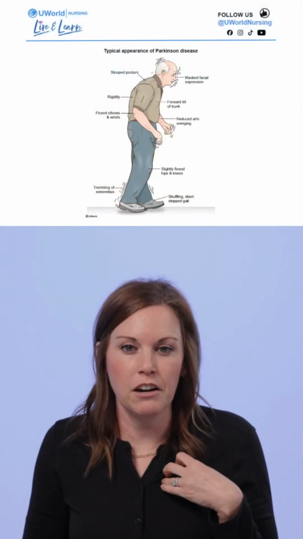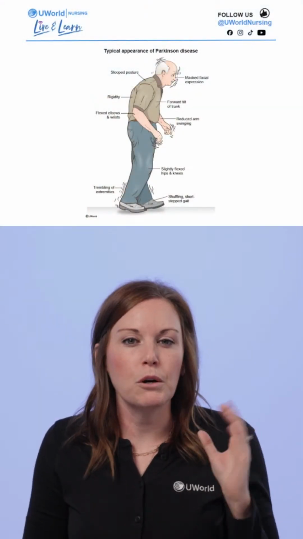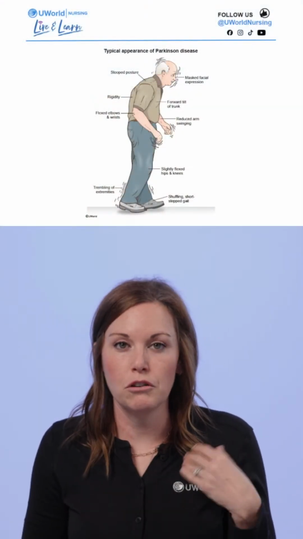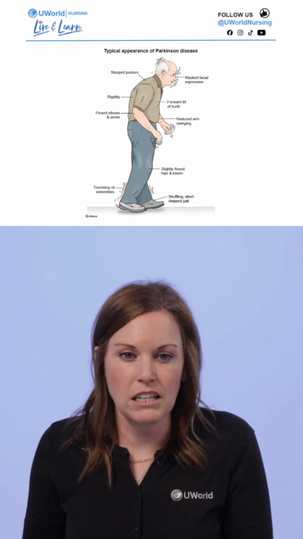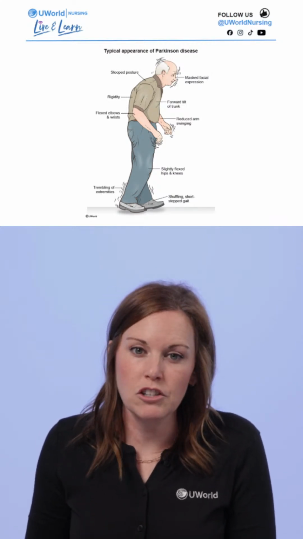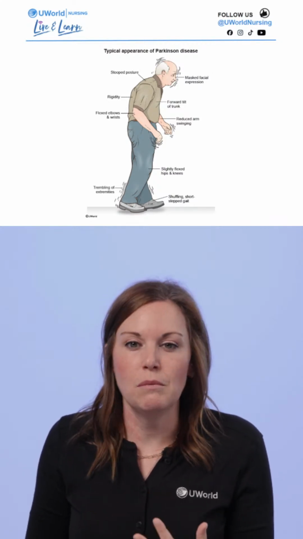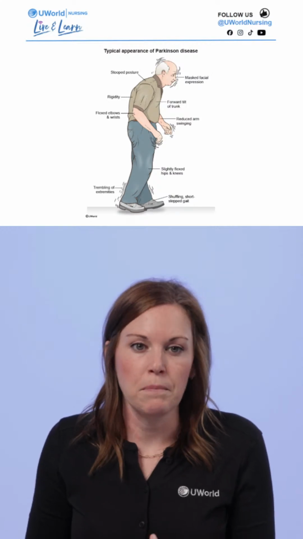Deep brain stimulation is essentially a pacemaker for the brain. An electrode is placed in an area of the brain and it's wired to a generator in our upper chest. It's programmed to send electrical currents through the electrode. The objective is to improve motor function and reduce some of that akinesia or bradykinesia.